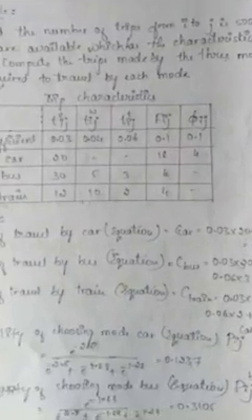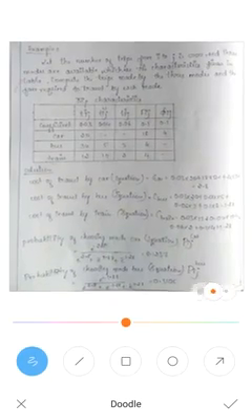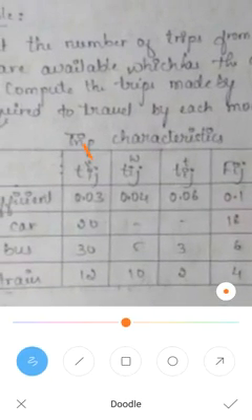Okay, see here. The time for walking, waiting, traveling and so on has been given. The fare charges for the car, bus and train are also given.